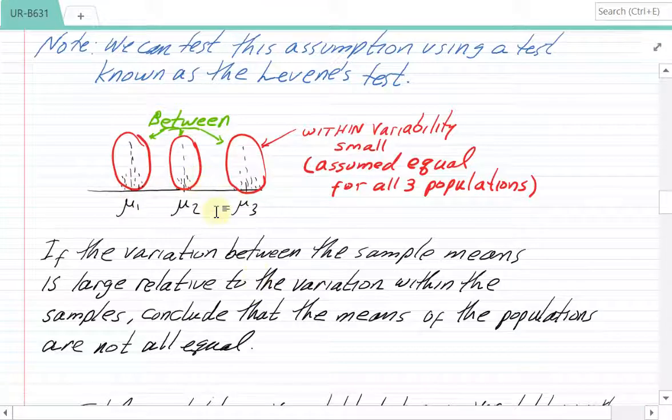We're going to form a ratio of between variability to inside variability. Inside, remember, they're all the same. And the bigger that ratio, the farther apart the means are.